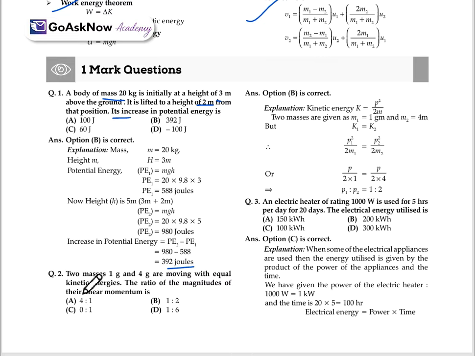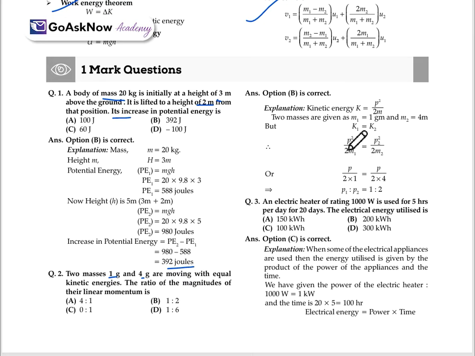Now the second one: two masses m1 and m2 are 1 gram and 4 gram, moving with equal kinetic energies. The ratio of the magnitude of the linear momentum is? We know kinetic energy is equal to p square upon 2m. Now two masses are given, m1 and m2, and K1 is equal to K2.